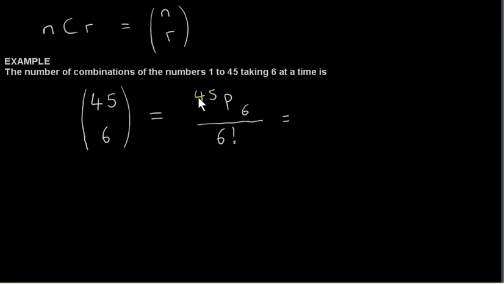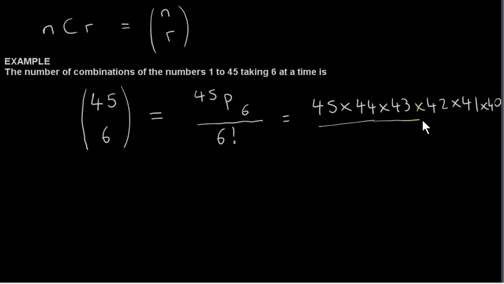So anyway, let's go through this. Like you saw in a previous video, we had calculated 45 by 44 by 43 by 42, by 41, by 40. But we now need to divide by 6 factorial. 6 by 5, by 4, by 3, by 2, by 1.